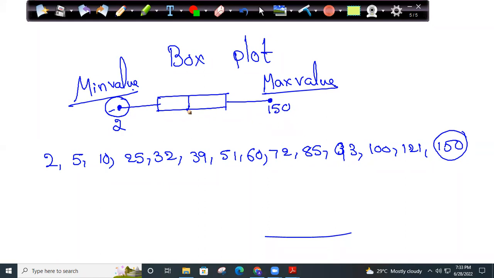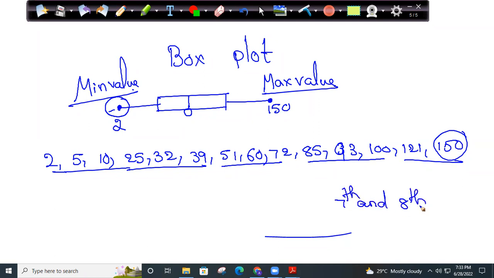Now, what does this represent? The median for the entire data. See how many terms are there? 3, 6, 9, 12, 14. So when there are 14 terms, we know the 7th and 8th terms are the middlemost terms. What is the 7th term? 51. What is the 8th term? 60.